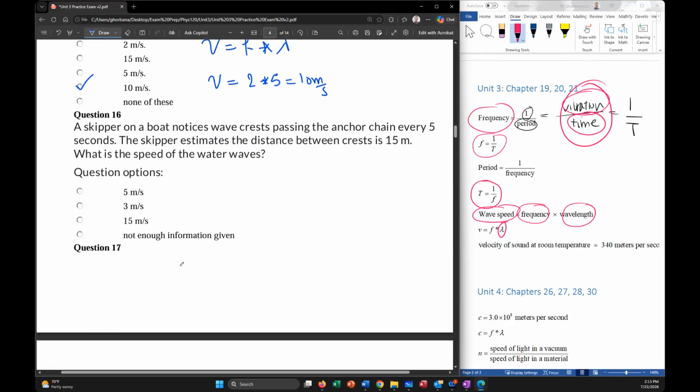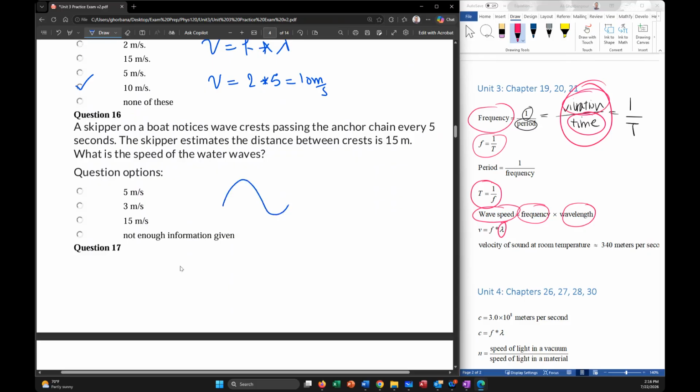A skipper on a boat notices wave crests passing the anchor chain every 5 seconds. The skipper estimates the distance between the crests is 15 meters. Let me just draw the situation.